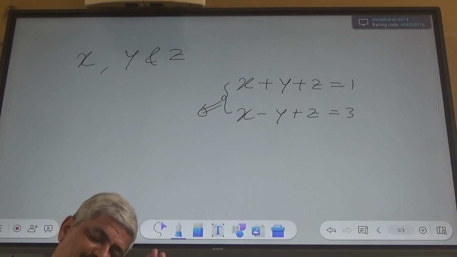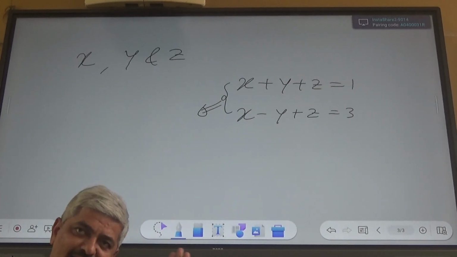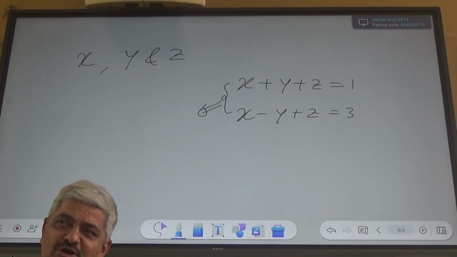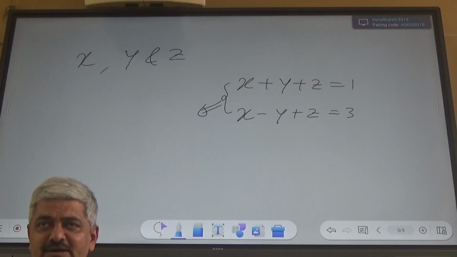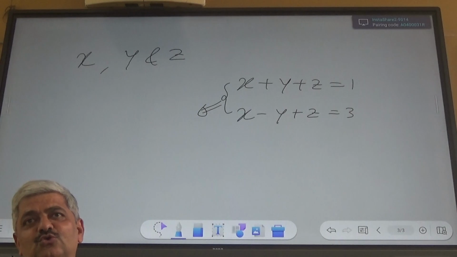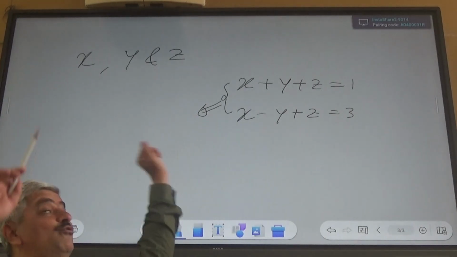Means in the previous case, when z equal to 0 is assumed, one line x equal to y, other line x equal to 3, each of them is having infinite solutions, but both are satisfied only by one solution. Now here, what is the scenario?